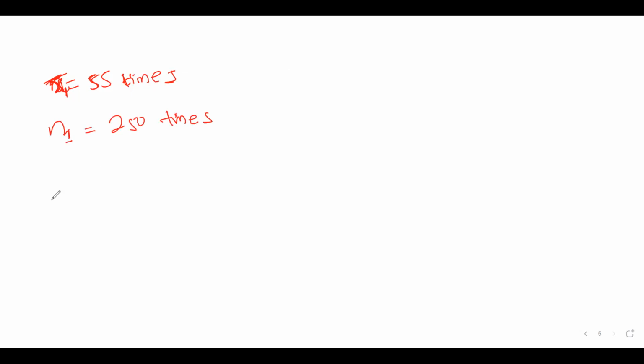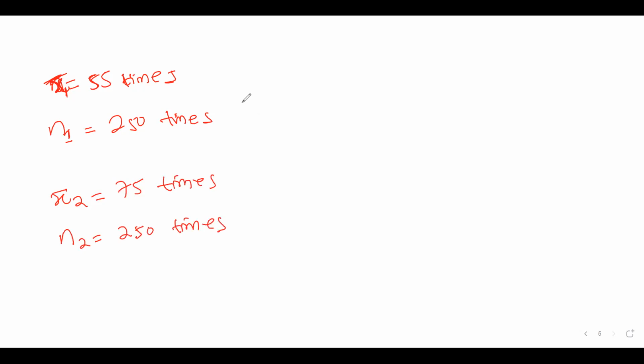Then we also have the old unit. For the old unit, the average number of failures is 75 times, and the sample size is also 250, all right?